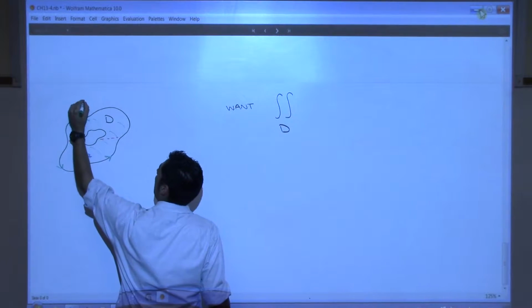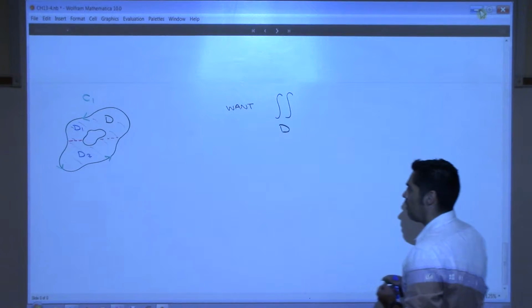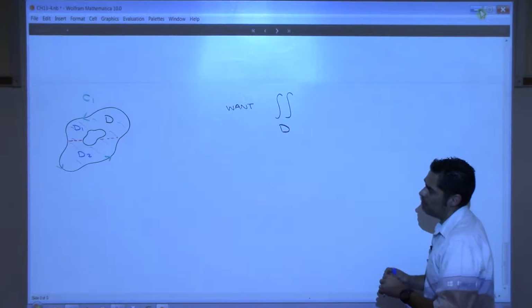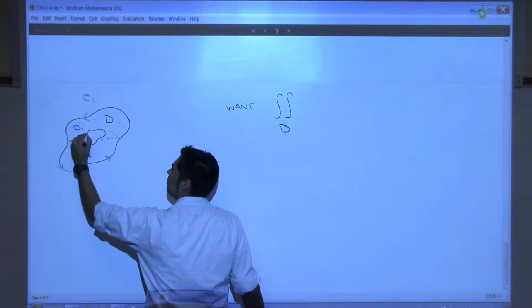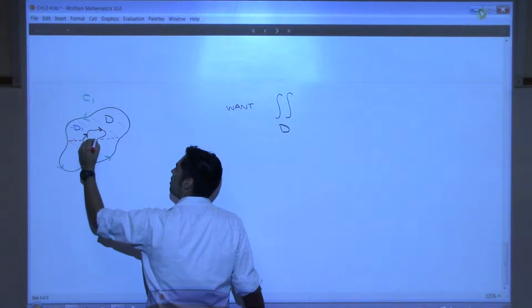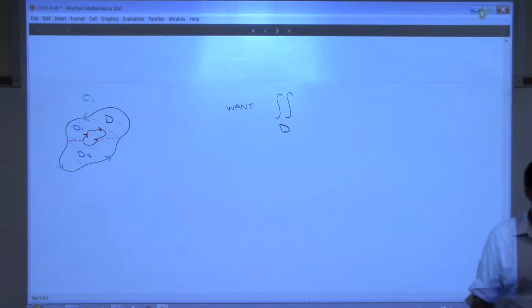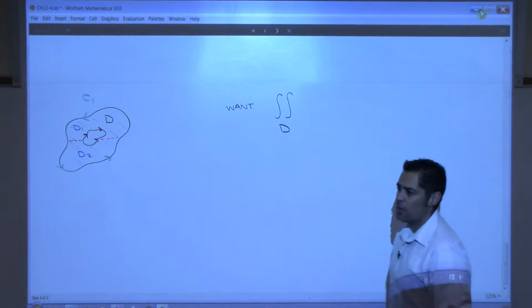I'm going to call that path C1, okay? I'm going to define another path. I'm going to have to use red because I'm running out of colors here. Another path which is going to go around the smaller inside part, and I'm going to orient that clockwise. All right? Got it? And I'm going to call this C2.